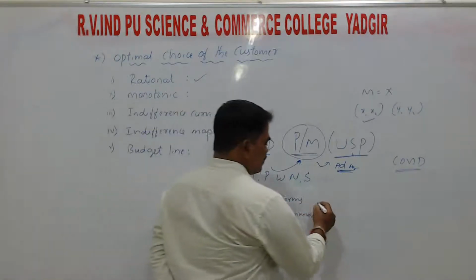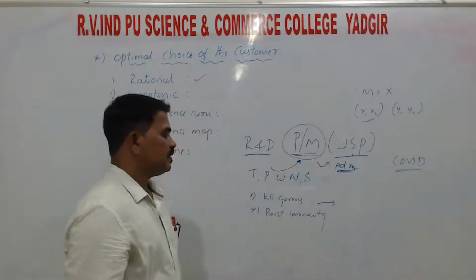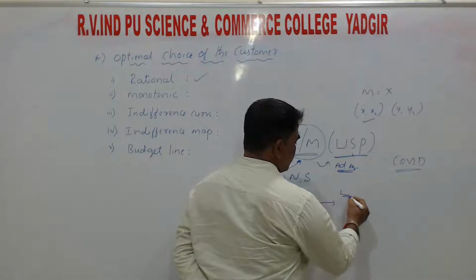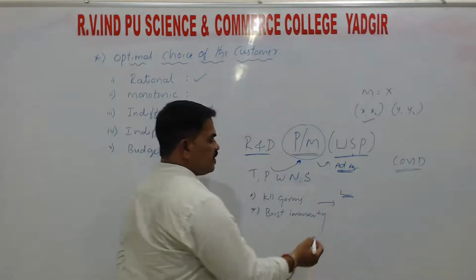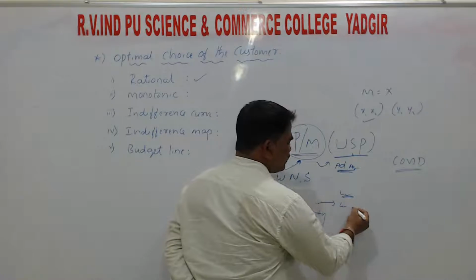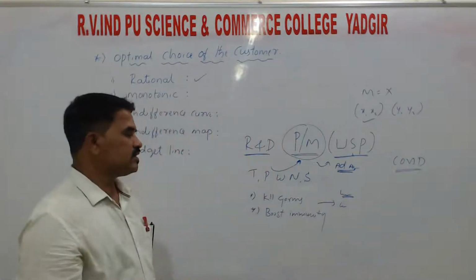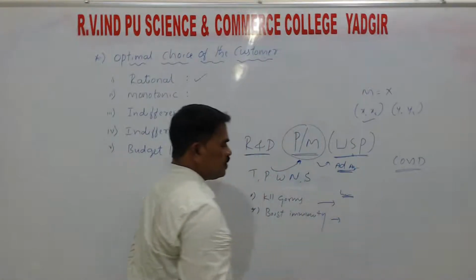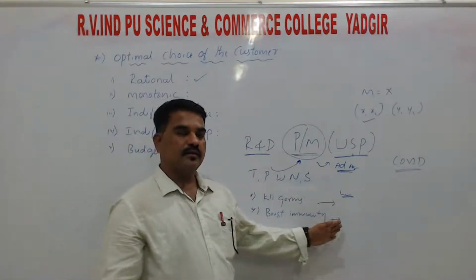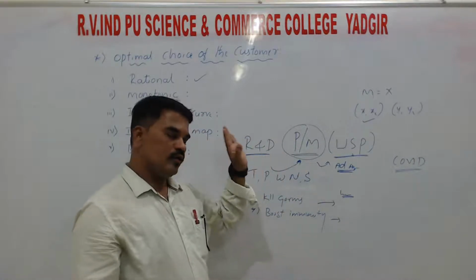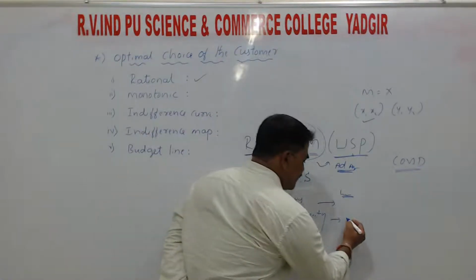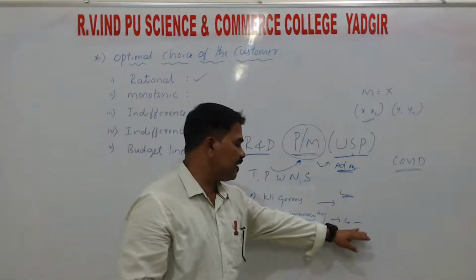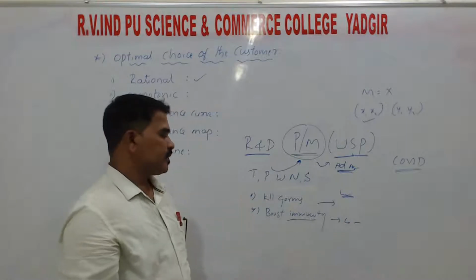For example, you see the health drinks. We can say Complan, Boost, Horlicks, all those things. They are telling this concept now. Drinking Complan will increase height, that was earlier. Now drink Complan, your immunity will increase. Consumer drinks, your immunity will improve. Okay.